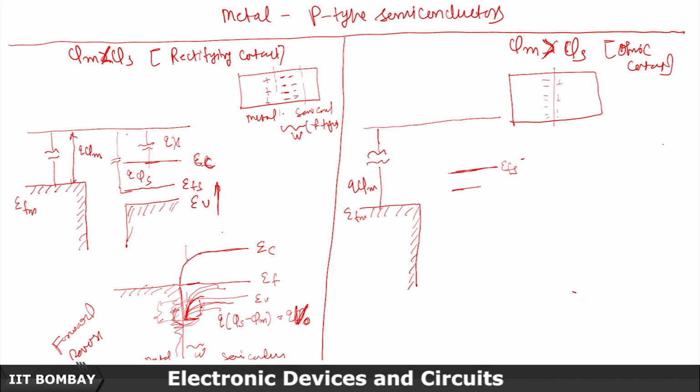This is a p-type one, so this is EFV and this is EFC. Okay, and the difference here would be q chi. Okay, so these will align, so these energy levels will come down, and in thermal equilibrium it will look something like this.